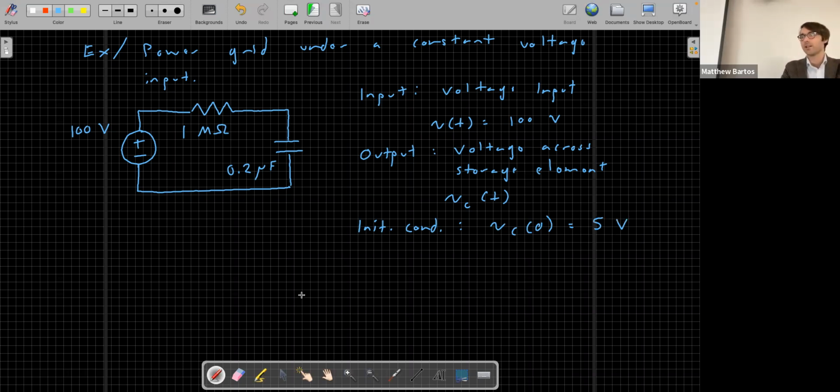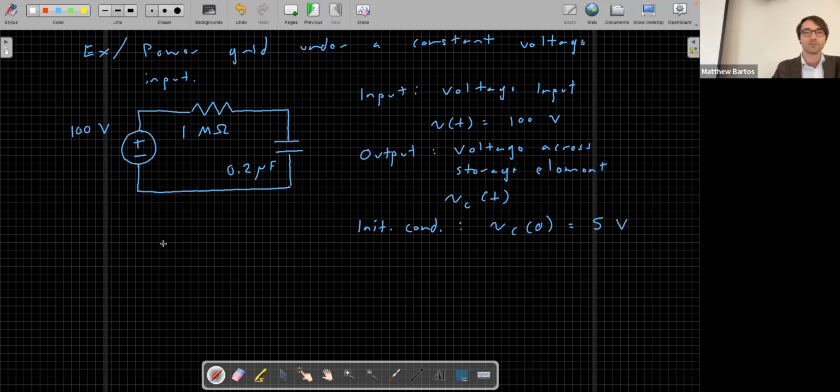So let's first formulate an LTI system to describe the dynamics of this power grid. Then we're going to find the homogeneous solution, and finally the particular solution. From that, we can get the complete solution describing the behavior of this system.